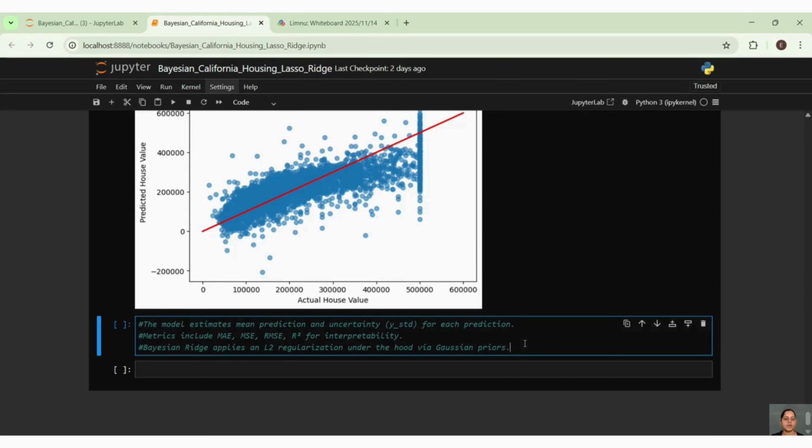And what we understood out of it: the model estimates the mean prediction and the uncertainty for each prediction. We understood how we can calculate mean and standard deviation using this, because the whole concept is on probability distribution. Then we understood our metrics, right? Then we understood how we can apply the L2 regularization through your Gaussian priors, right?